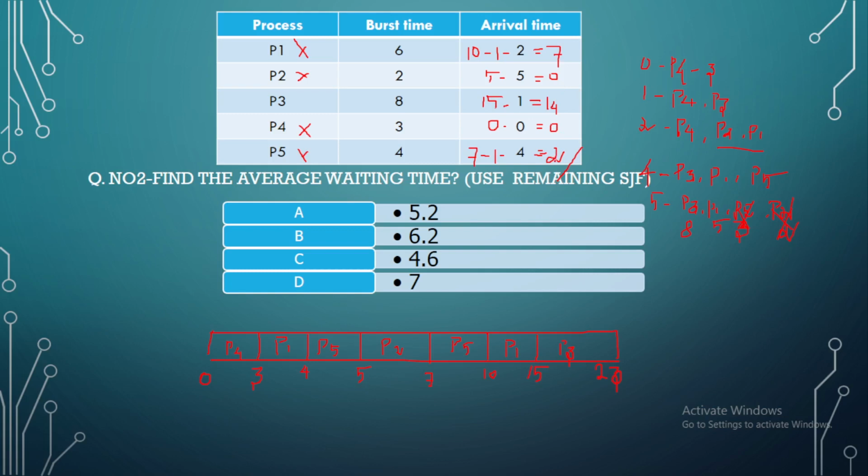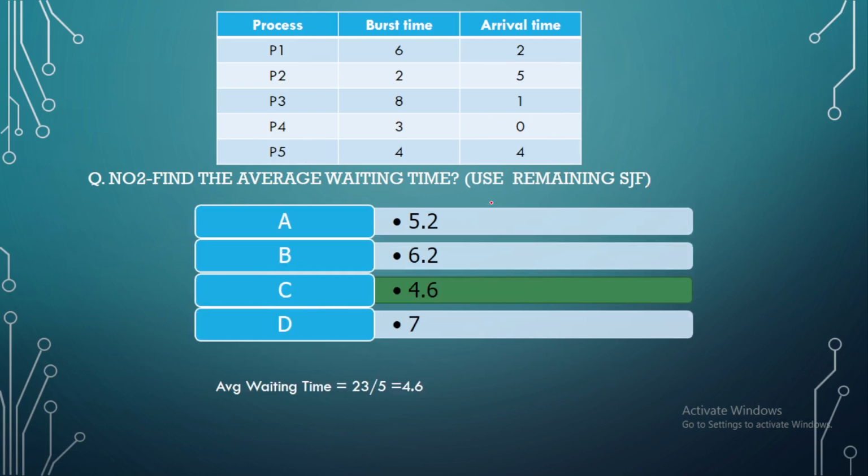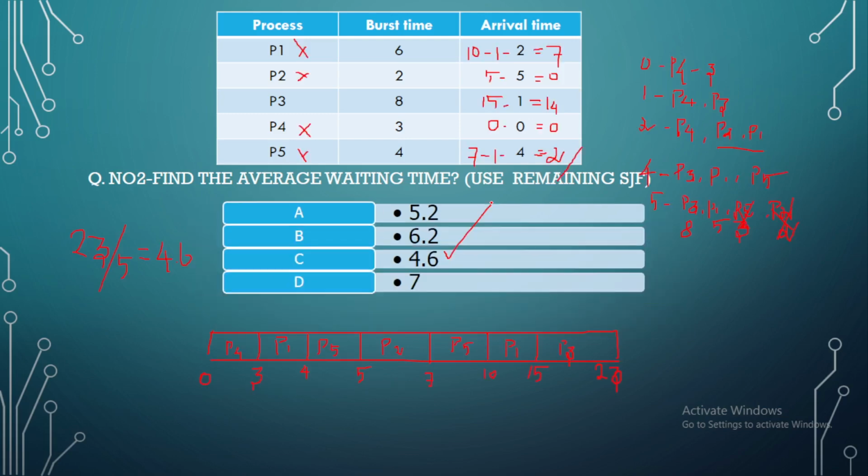The sum of these waiting times is 23. The total number of processes here is 5, so 23 divided by 5 gives you 4.6. So this is the correct answer. This is how you find the average waiting time using the remaining shortest job first algorithm.